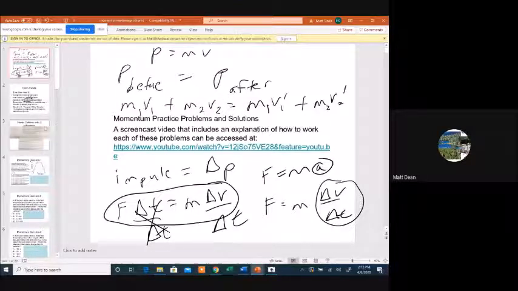All right, before I go further, we also talked about two kinds of collisions. We talked about elastic collisions. These tend to be when two objects collide and bounce off each other. And in an elastic collision, both momentum is conserved and kinetic energy is conserved. We also talked about inelastic collisions.